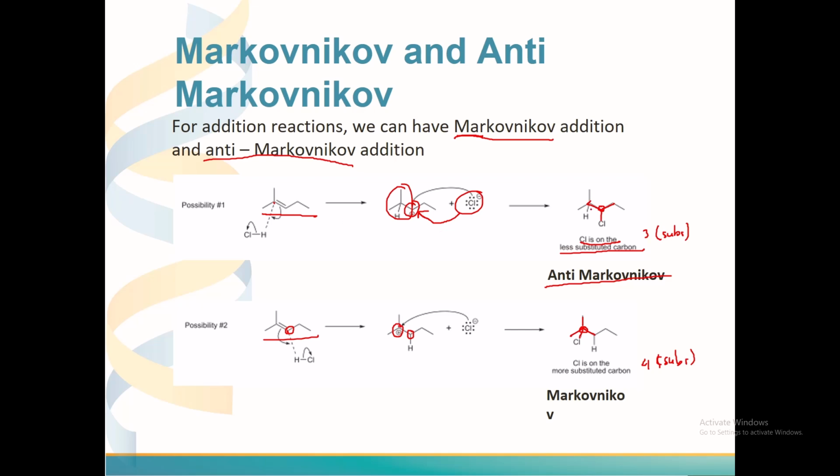This reaction doesn't normally happen, so when you need to choose which one, which should you choose? If there is no catalyst, for example hydrogen peroxide, in this type of reaction, in principle anti-Markovnikov reaction needs a catalyst. If there is no catalyst, most likely the reaction will go to a Markovnikov addition.